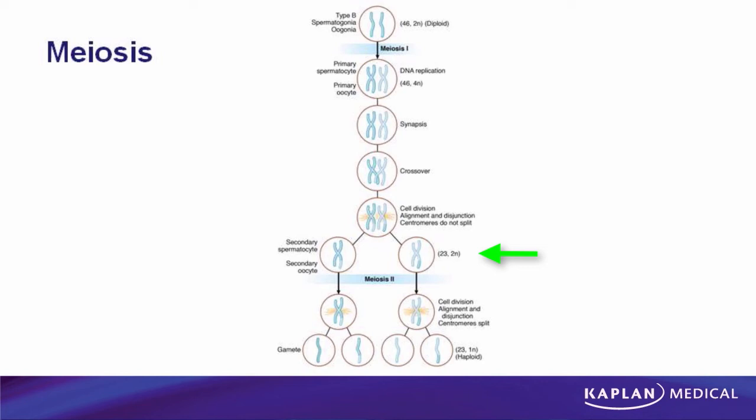But when the cytoplasm divides, instead of dividing equally between the two cells, almost all the cytoplasm stays with one nucleus, and very little cytoplasm, just a thin rim of cytoplasm, stays with the other nucleus. The cell that contains most of the cytoplasm is the cell that we will call the secondary oocyte. The cell that has very little cytoplasm will be called the polar body.